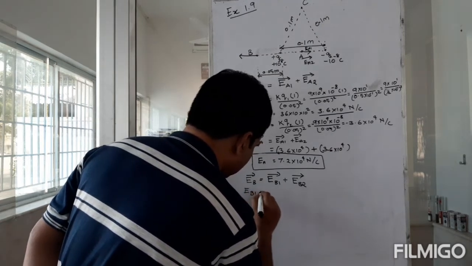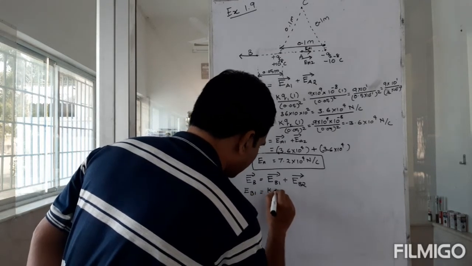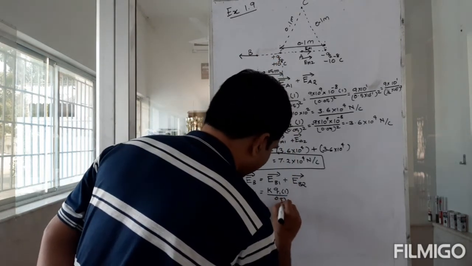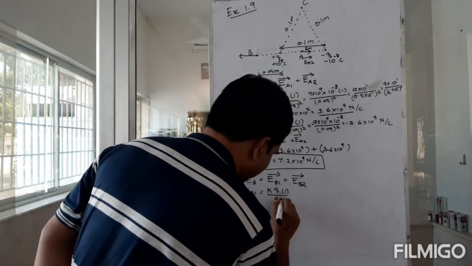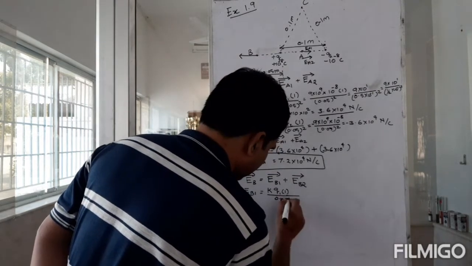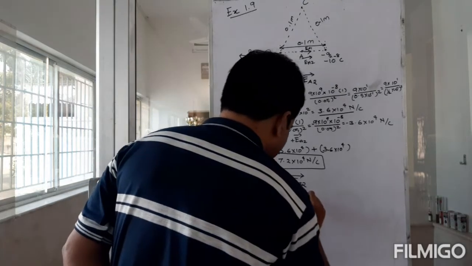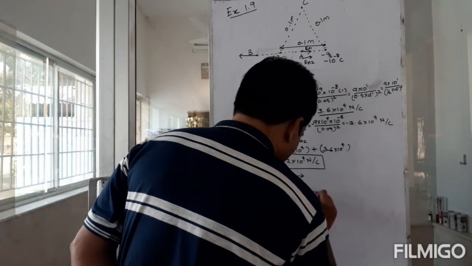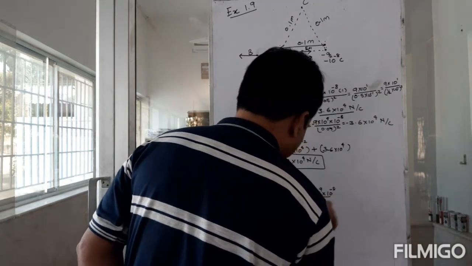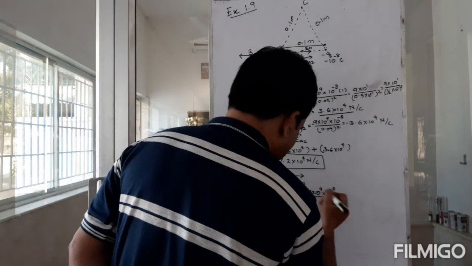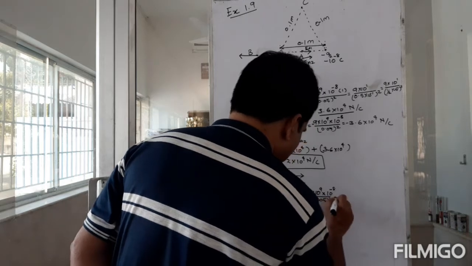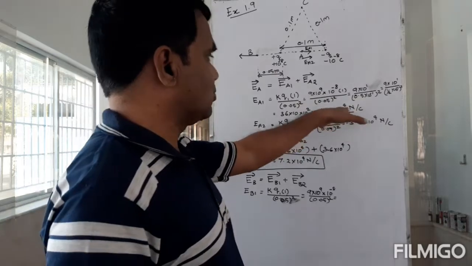B1, what's the magnitude? It's going to be K Q1 by r square, which is 9 into 10 power 9 into 10 power minus 8, divided by 0.05 squared, and this is the same as the earlier one.